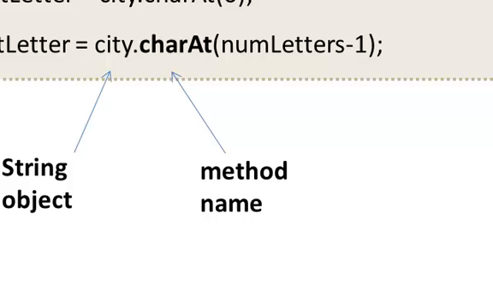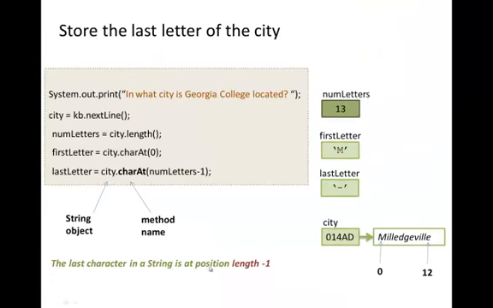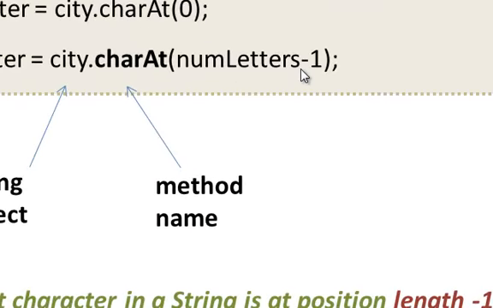So 13 minus 1 is 12, and it would give us the character at position 12. The last character in the string is always at the length of the string minus 1 because the first character begins at 0. To calculate the very last character, just take the length of the string and subtract 1 from it. So this statement, lastLetter equals city.charAt(numLetters - 1), would result in having the character E in lastLetter.